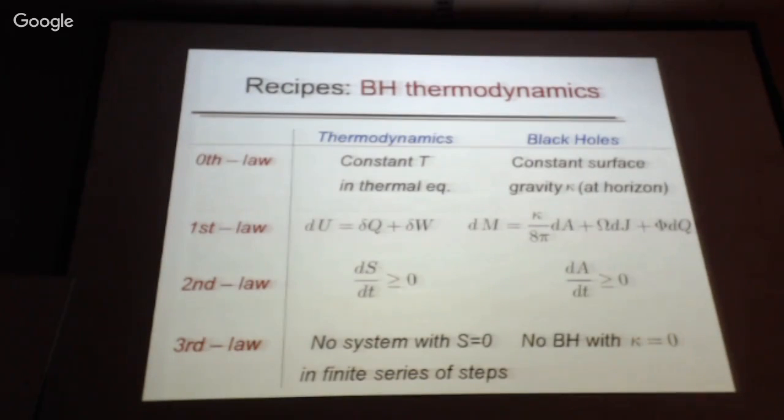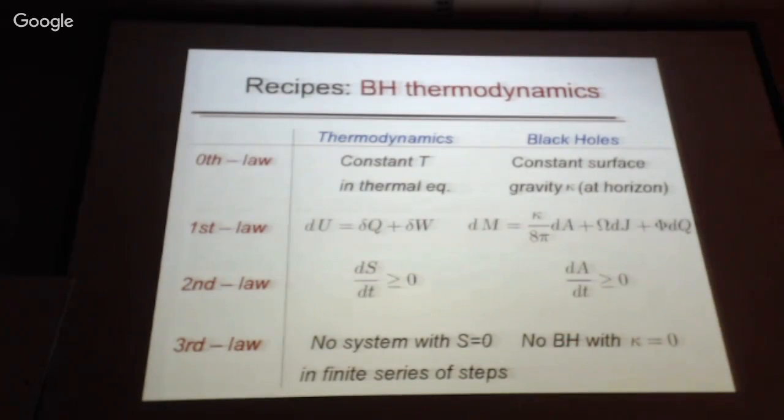Now, the most important law, the second law of thermodynamics, says that the entropy only increases in time. For the black hole, it's the same as saying the area of this horizon only increases with time. And the third law says that you cannot reach zero temperature in a finite series of steps.